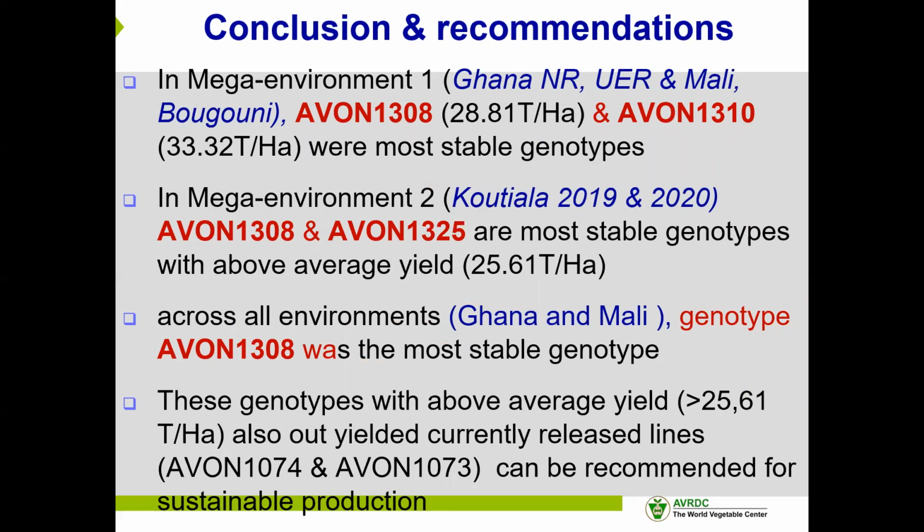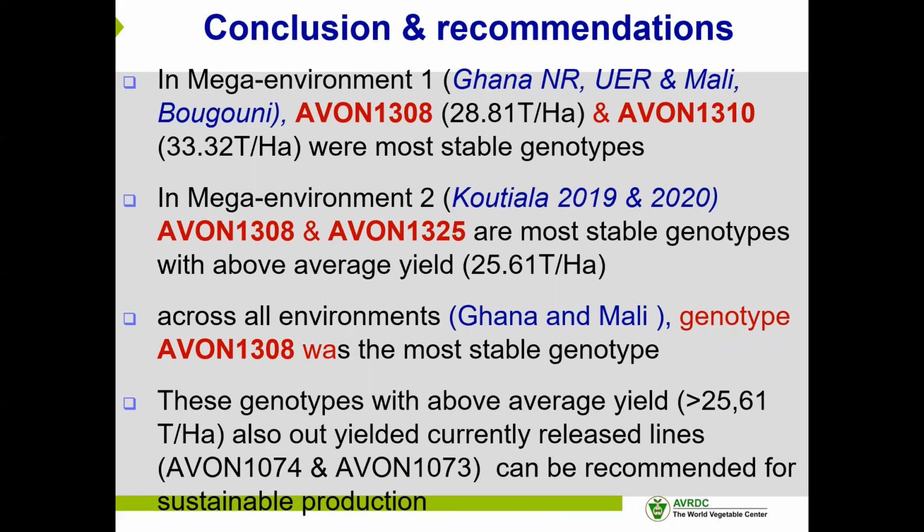To put things in a nutshell, in mega environment 1, including Ghana, Northern and Upper East region, and Mali, AVON1308 and AVON1310 were the most stable genotypes. So they are suitable for mega environment 1 that accommodates Ghana and Bougouni in Mali.